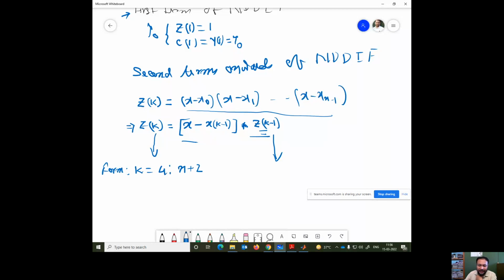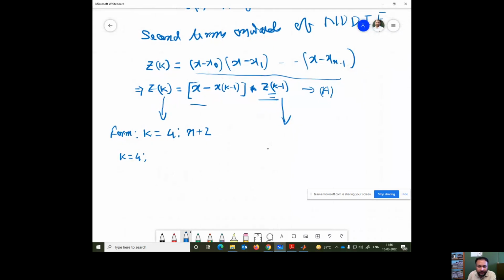Let us write equation number A for k equal to 4.